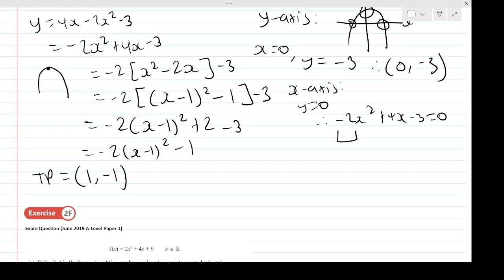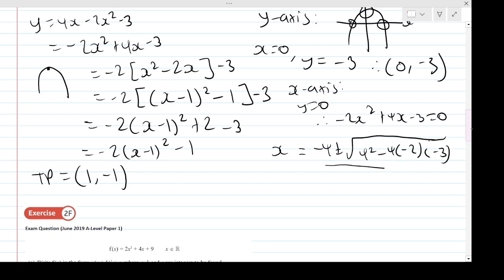Just be lazy, because I don't want to complete the square or factorize. So x is simply minus 4 plus or minus the square root of 4 squared, minus 4 lots of a, which would be minus 2, and then c is minus 3, over 2 lots of a, so 2 lots of minus 2.